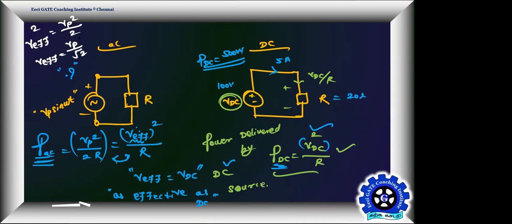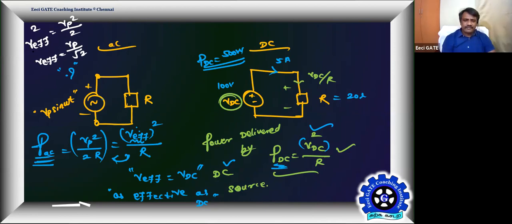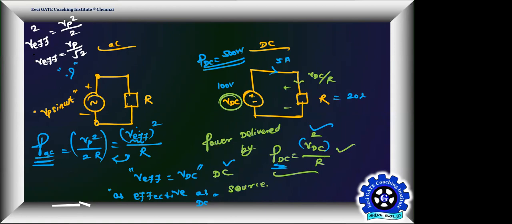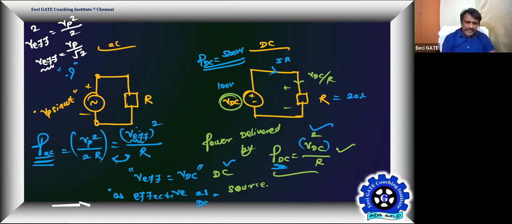All of you getting? Following, right? So if I'm calling an AC source by a value, V effective, I'm going to designate any AC source by its effective value. That effective value is going to deliver the power like your DC source.